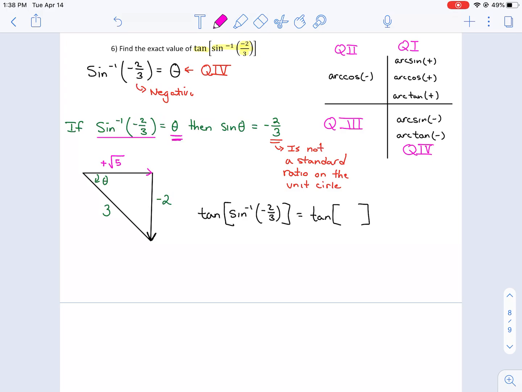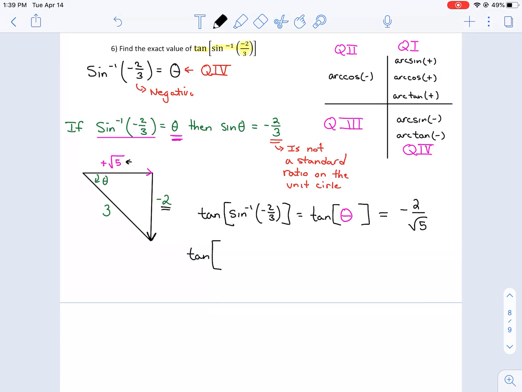So I can replace the inverse sine of negative 2/3 with a theta. Going back to the triangle that we drew, the tangent is the ratio of the opposite side divided by the adjacent side. So this ratio is negative 2 divided by the square root of 5.